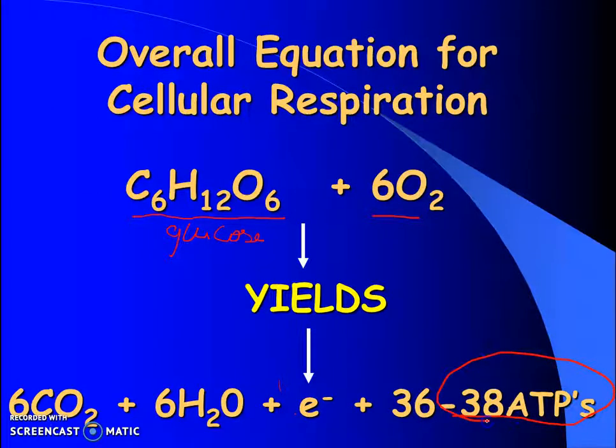So 38 ATP is produced at the end of cellular respiration. So just to sum up, when glucose in the cell combines with oxygen, it gives carbon dioxide, water, and some electrons are released, and 38 ATP molecules are produced.